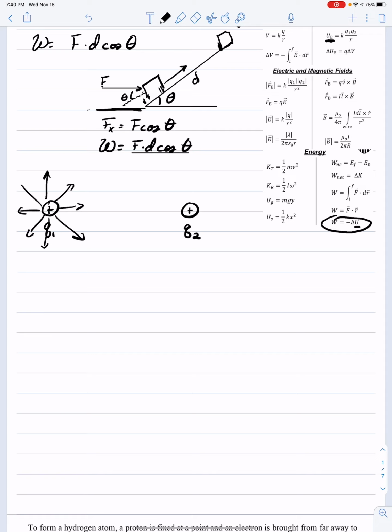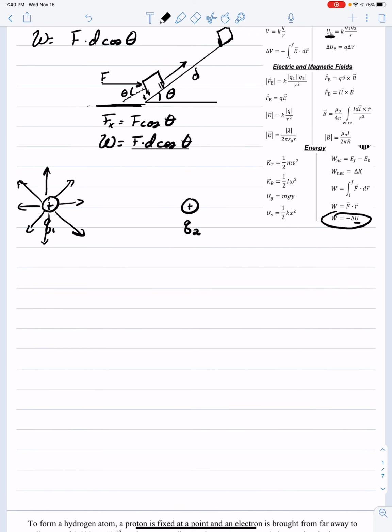Very nice. Okay. Now, if I decide to move Q2 from its distance, and let's call this distance from here to here infinite, like that, it's infinitely far away.